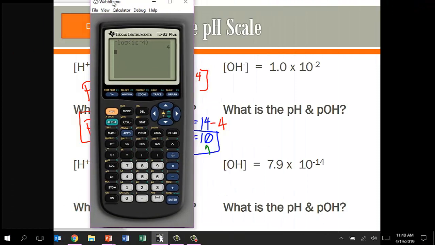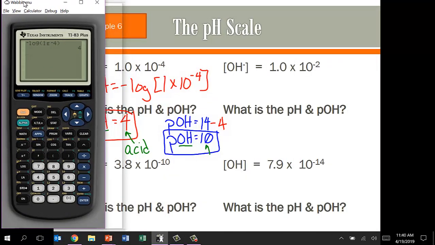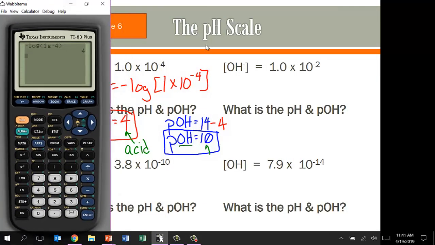If a solution has a concentration of hydroxide ions that's 1 times 10 to the minus second, we can determine its pH and pOH as well. The easiest one to figure out first would be to find the pOH. Since I have the concentration of hydroxide, I should solve for the pOH, which would be the negative log of the concentration of the hydroxide ions.